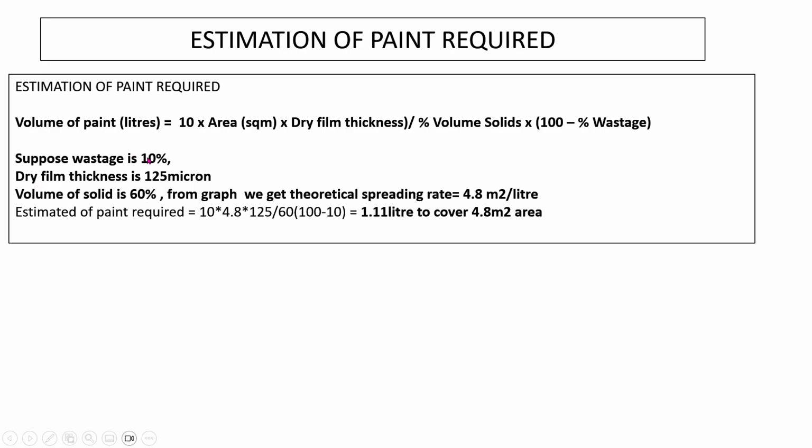Suppose your wastage while you are pouring the paint is 10%. Then to get DFT 125 micron, volume of solids is equal to 60%. From the graph, we get the theoretical spreading of 4.8 meter square per liter.